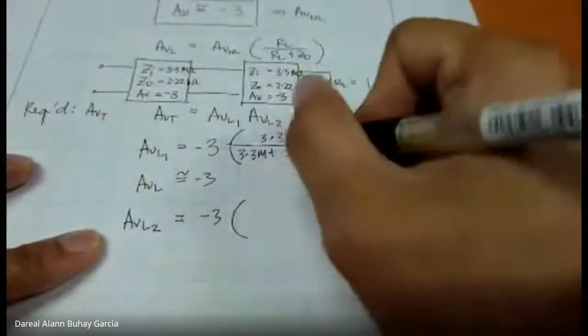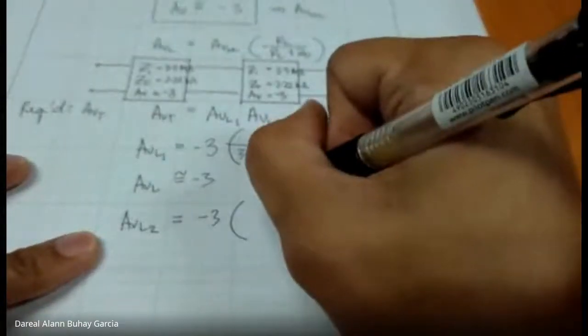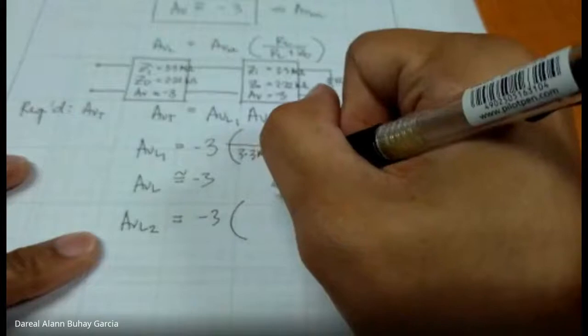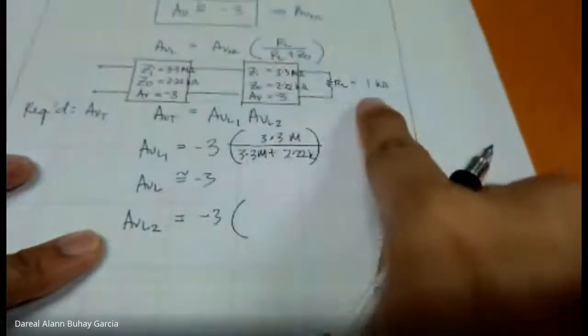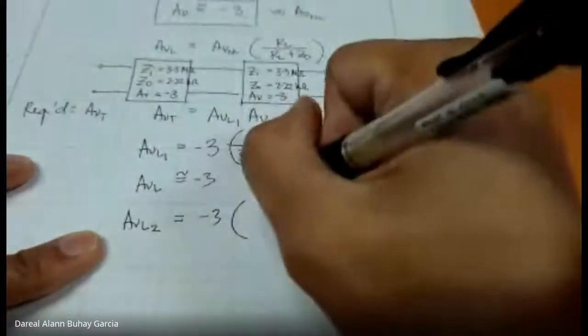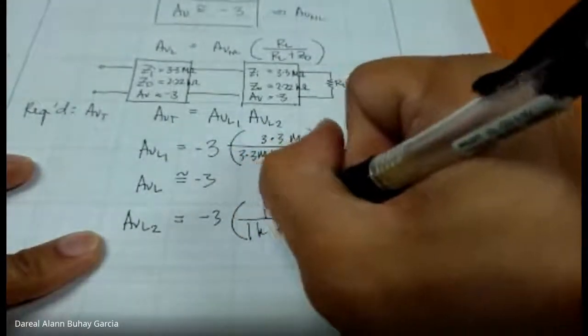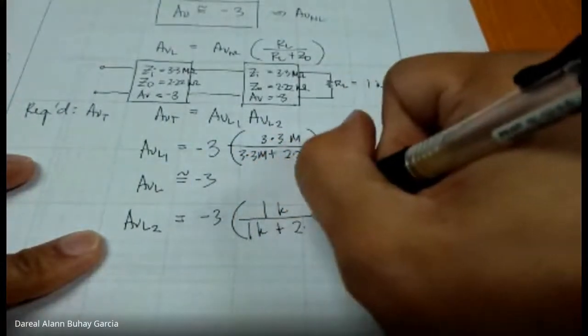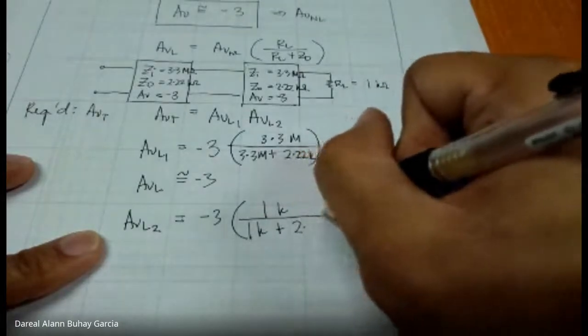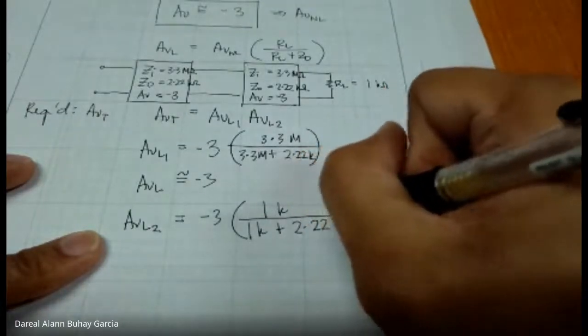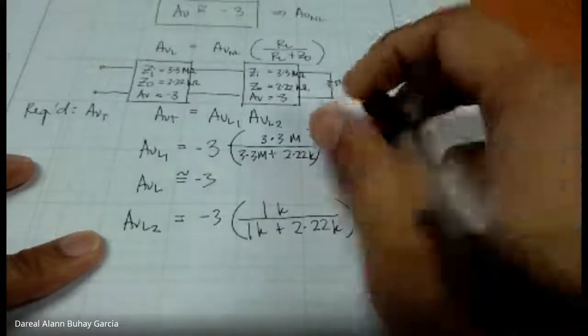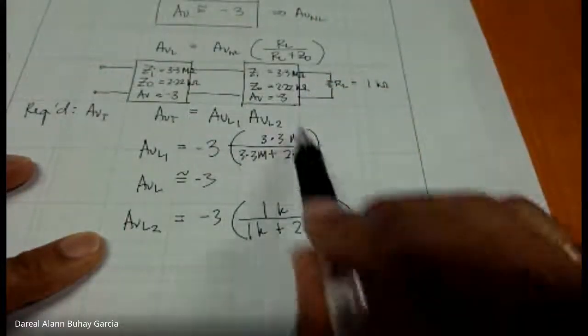Okay. So, lahi na sila. Dili 3 times 3, no? RL niya is 1K, so 1K over 1K plus 2.22K, kaning 2.22 is iyahang ZO.